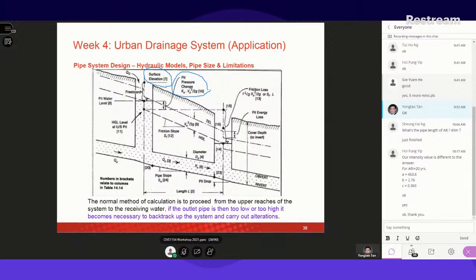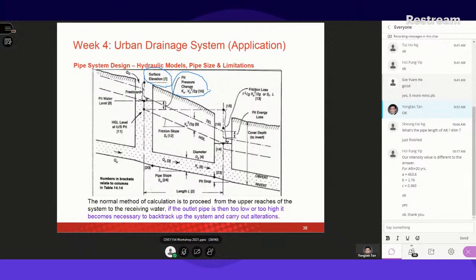You can see the hydraulic grade line drop due to the pressure energy loss. So you can see the difference between the total energy line and the hydraulic grade line.